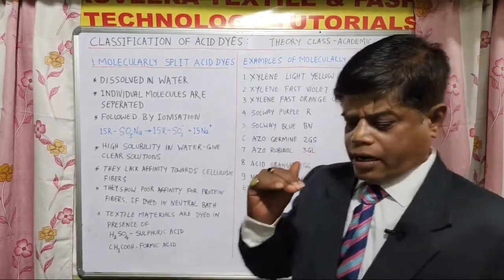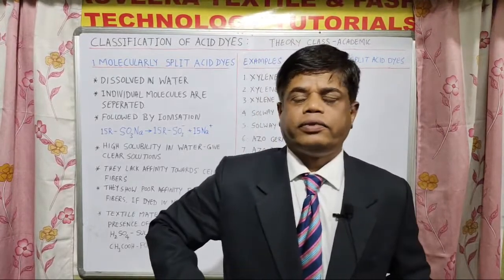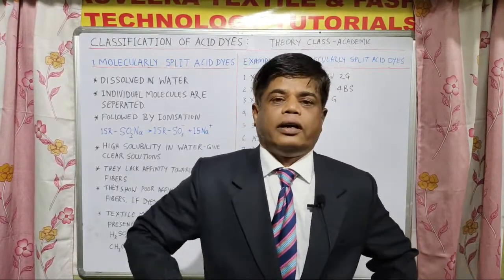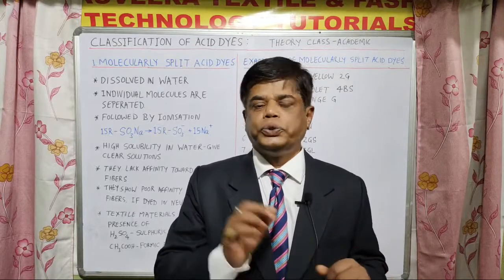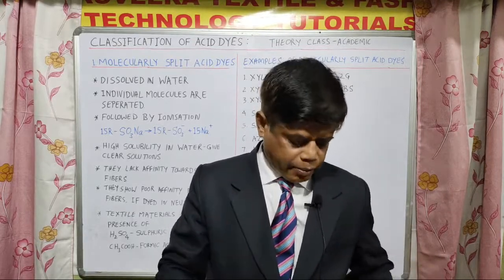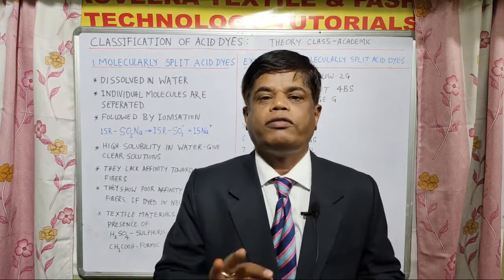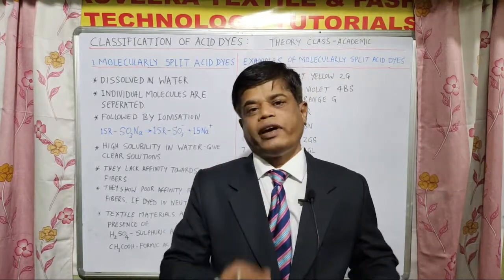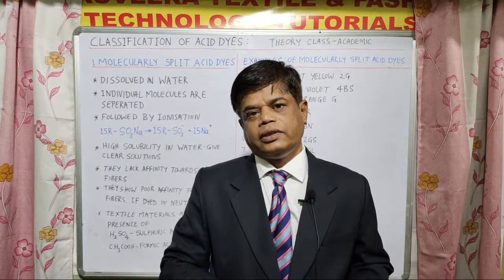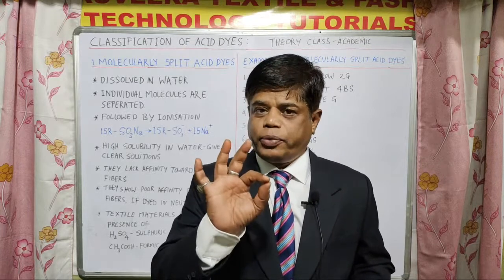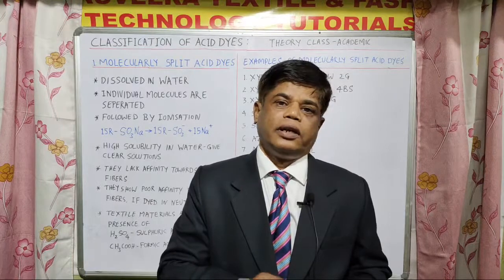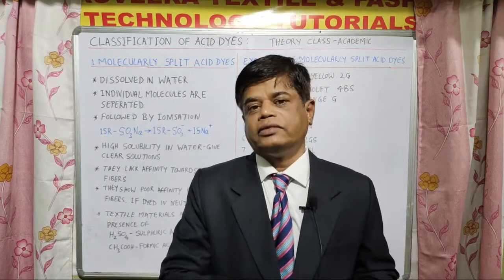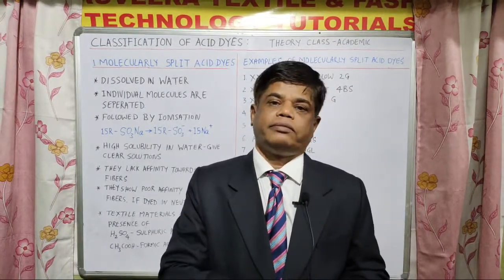Generally we can talk about acid dyes. Acid dyes are used to dye textile material made of protein fibers. In the natural category, silk is a protein fiber.